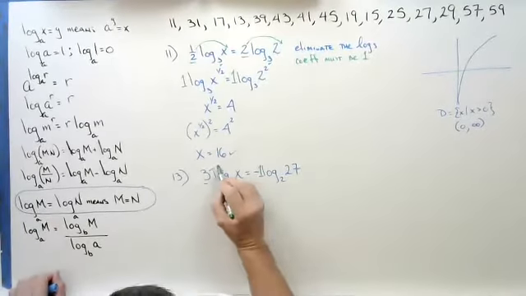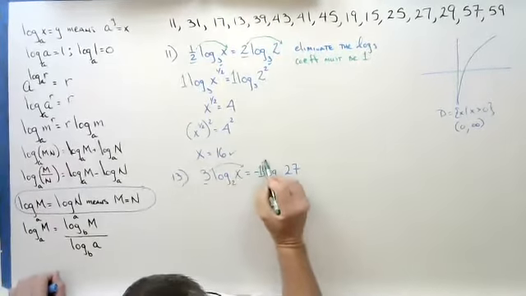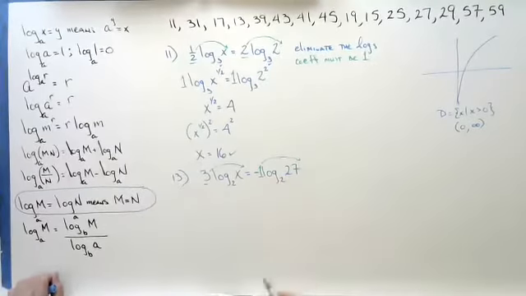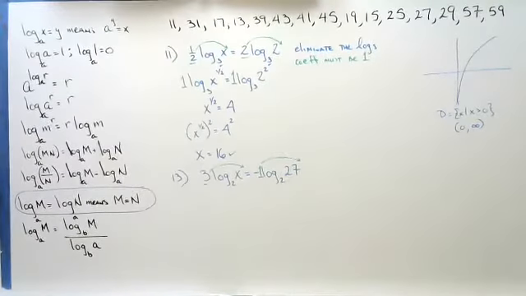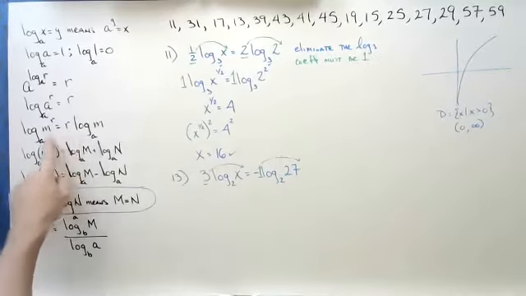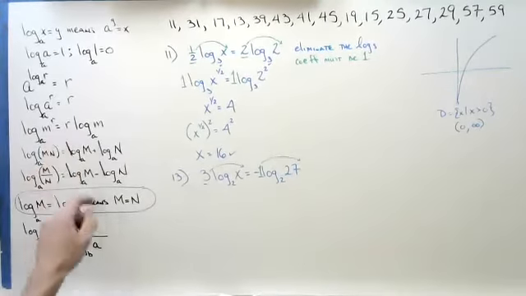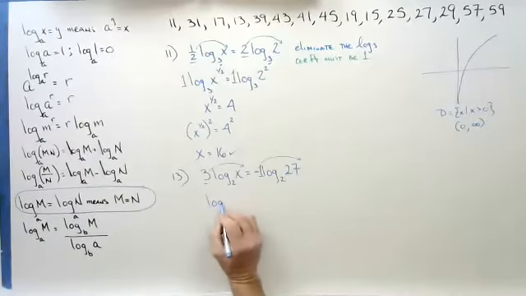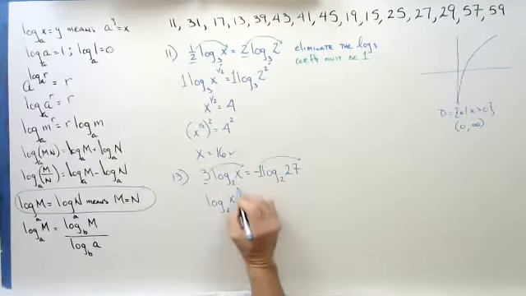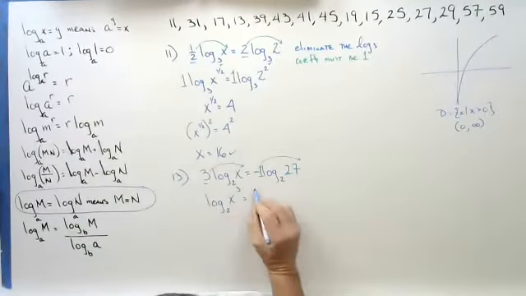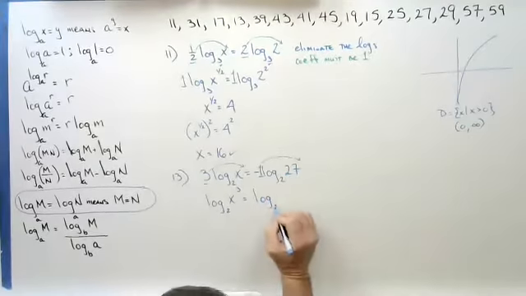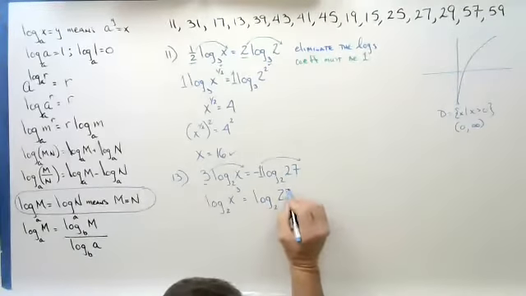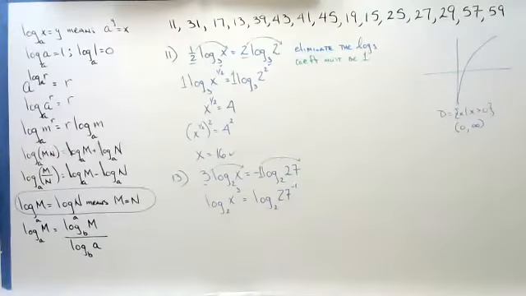So this 3 has to go up here. This negative 1 has to go up here. We have to move them out of the way. We're going to use this property a lot when we solve equations. So now what do we have? We have log base 2 of x cubed equals log base 2 of 27 to the negative 1.